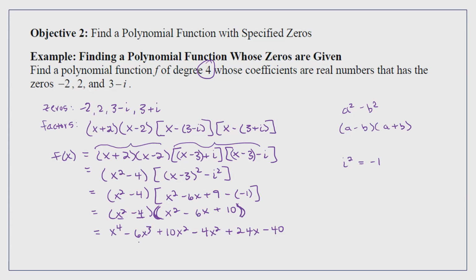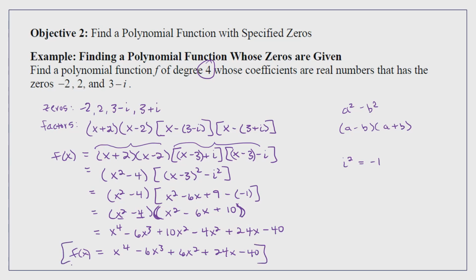Okay? So now we can combine like terms to get our polynomial function, which is x to the 4th minus 6x cubed plus 6x squared plus 24x minus 40.